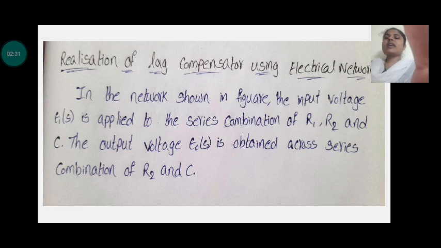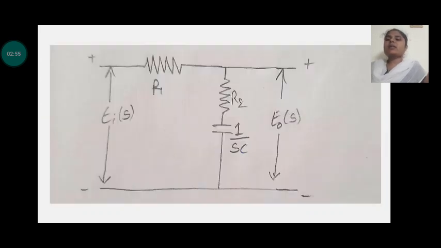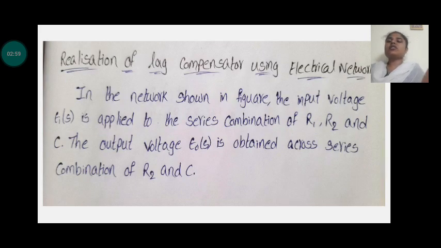Realization of the lag compensator using an electrical network. In the network shown in the figure, the input voltage Ei(s) is applied to the series combination of R1, R2 and C. The output voltage Eo(s) is obtained across the series combination of R2 and C. Here is the diagram of the realization of the lag compensator using an electrical network.